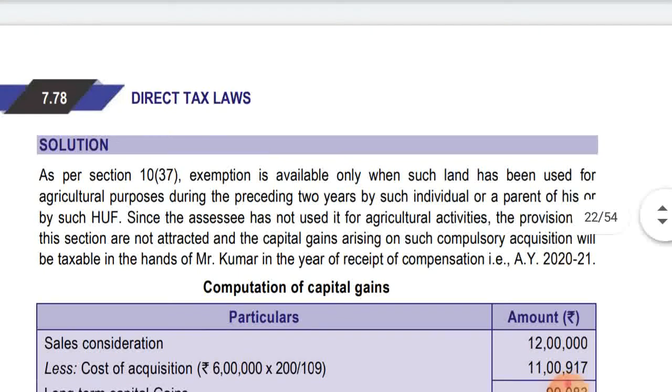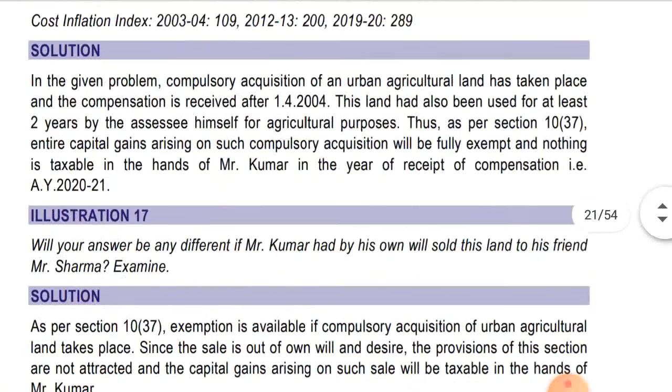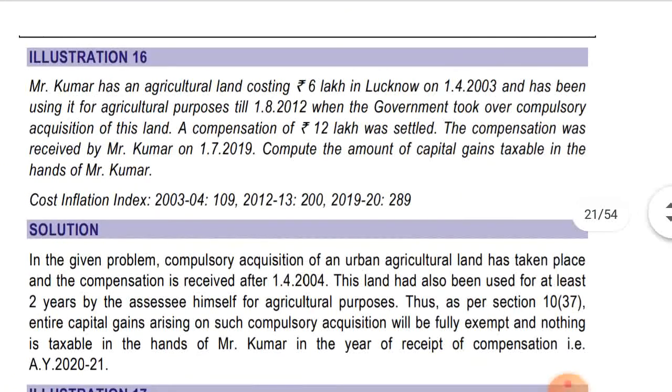Okay, sale consideration, as it was given, is 12 lakhs. Cost of acquisition: indexation will be done as it is long term. 6 lakhs into 200 divided by 109. The cost of acquisition was 6 lakhs. Year of acquisition is 2001-02, so base inflation index will be 109, and the index of the year in which the asset has been compulsorily acquired will be taken, that is year 2012-13.